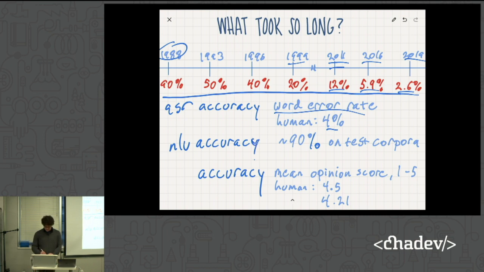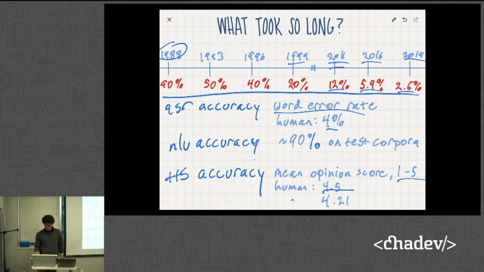And then TTS accuracy. TTS is a subjective accuracy measurement. We use something called mean opinion score, which is on a 1 to 5 scale. 1 is totally unintelligible. 5 is, this is the best voice and I want to hear it for the rest of my life. Angels are literally singing into my ear. So humans score around 4.5 on MOS.